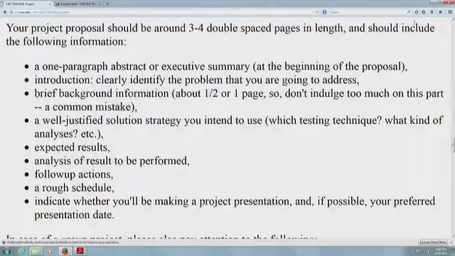So for the introduction, you can talk a little bit about what you are going to do, what kind of thing you are going to work on, but not the details. And then you should have a brief background information. That is one of the common mistakes people make with the brief background information.